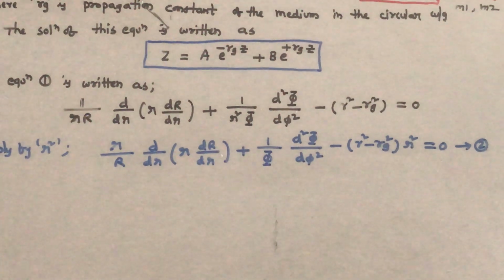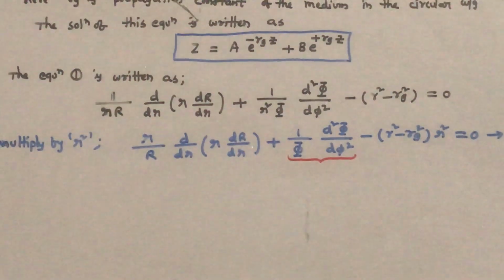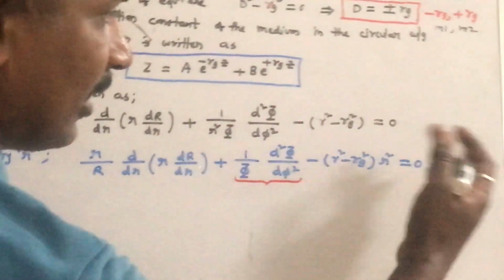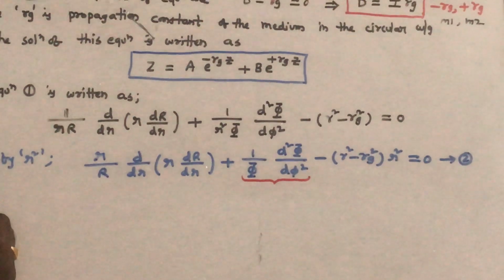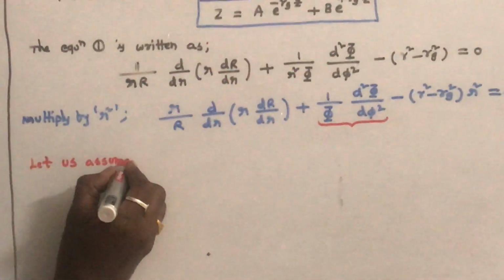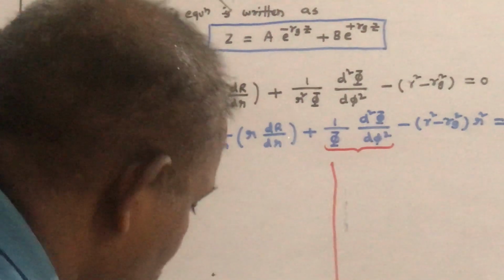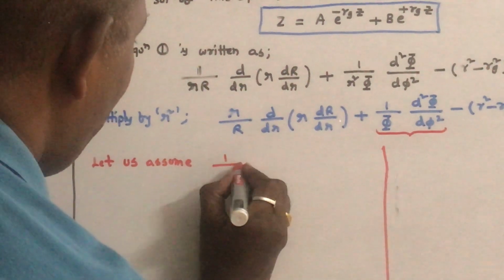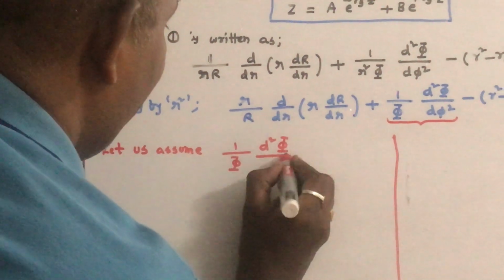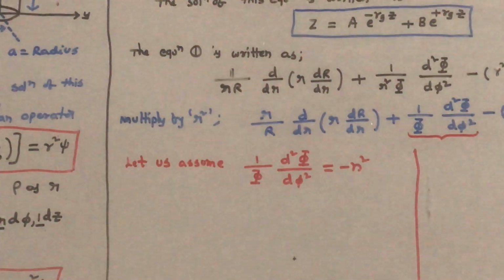Now you can see that this is an independent term, where we can equate this term to another constant, let us say minus n square. So 1 by capital Phi into d square capital Phi by d phi square is equal to minus n square, where n is a constant.